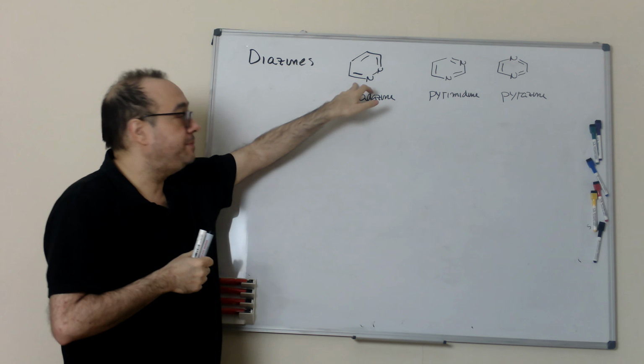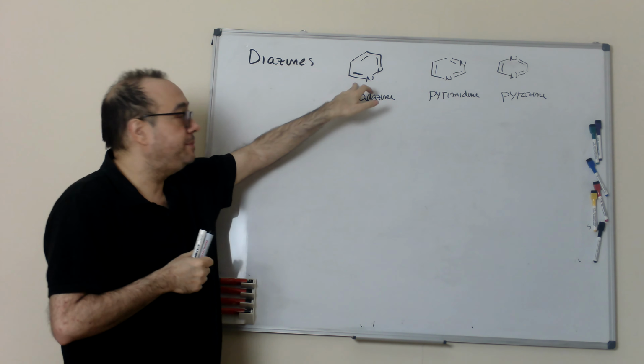One of the characteristics is that the pair of electrons of the nitrogens are in an sp2 orbital. That means they will be extremely basic, because we have 2 nitrogens that are basic. If we check how electron poor or electron rich these compounds are, they are very electron poor.